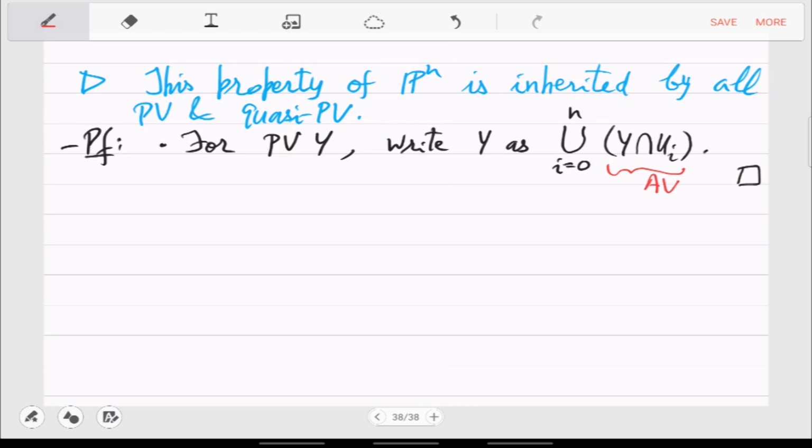So n plus 1 affine varieties now cover your projective variety. Is that clear? Okay, so that is it.